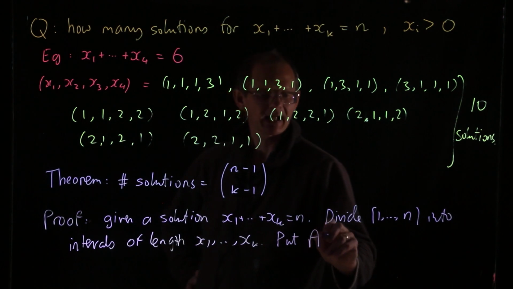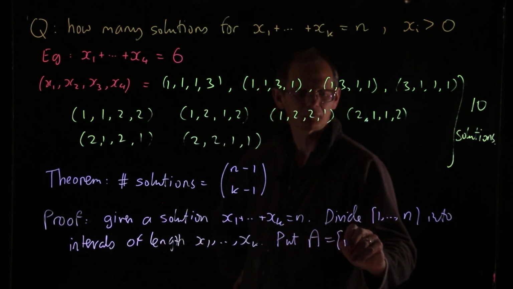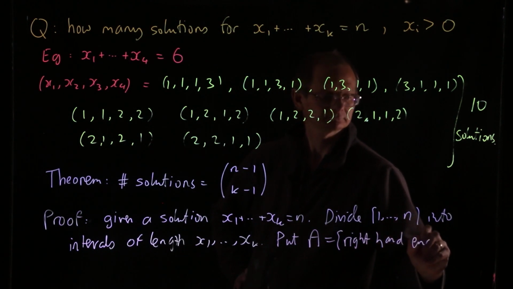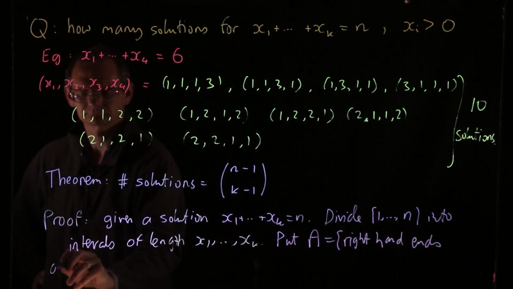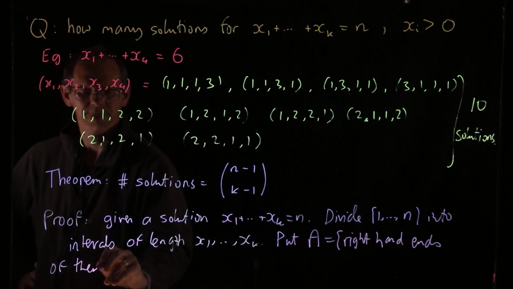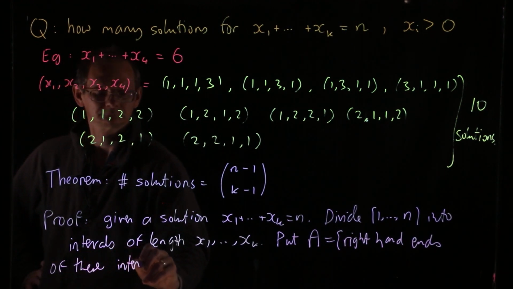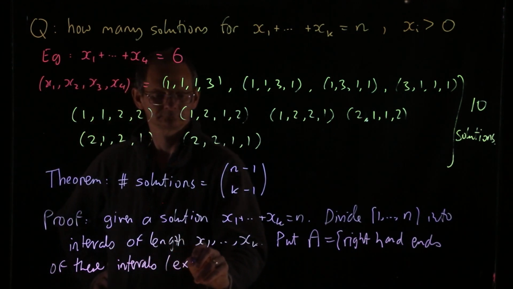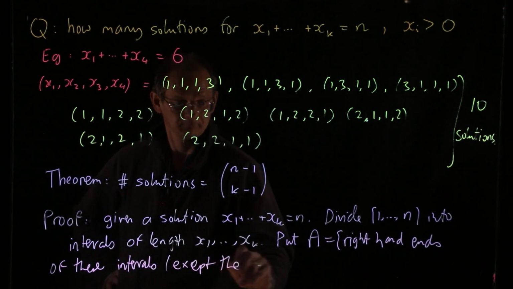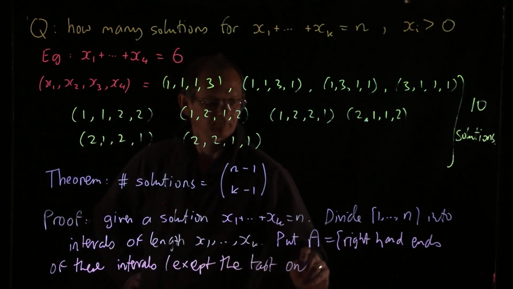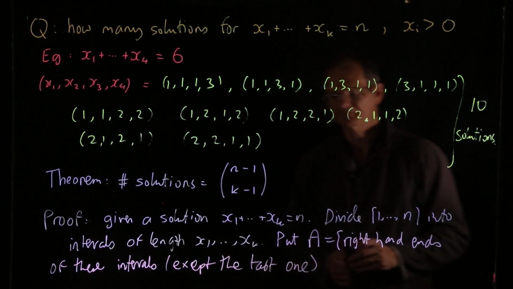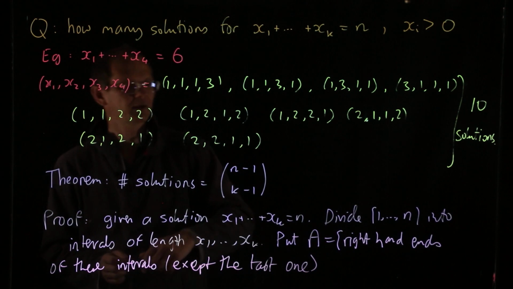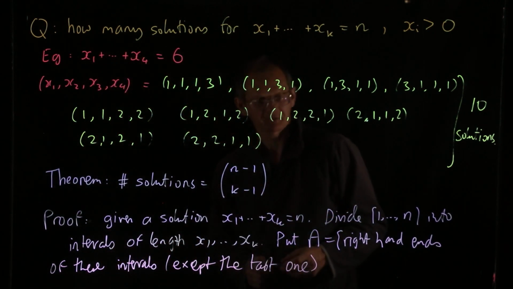And then let's put A as the set of endpoints, or right-hand ends. We take each of these intervals. We've got k intervals, and in each one we look at the right-hand end of it. Those could be somewhere in the set 1 up to n. Now the last interval is not very interesting.